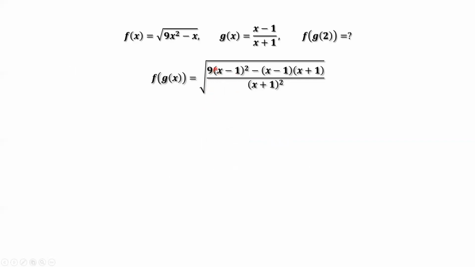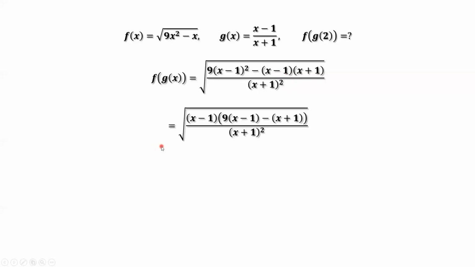From the right-hand side, inside part of the square root, x minus 1 is the common factor of this numerator. We can factor x minus 1 out. Continue to simplify the inside part of the square root sign.